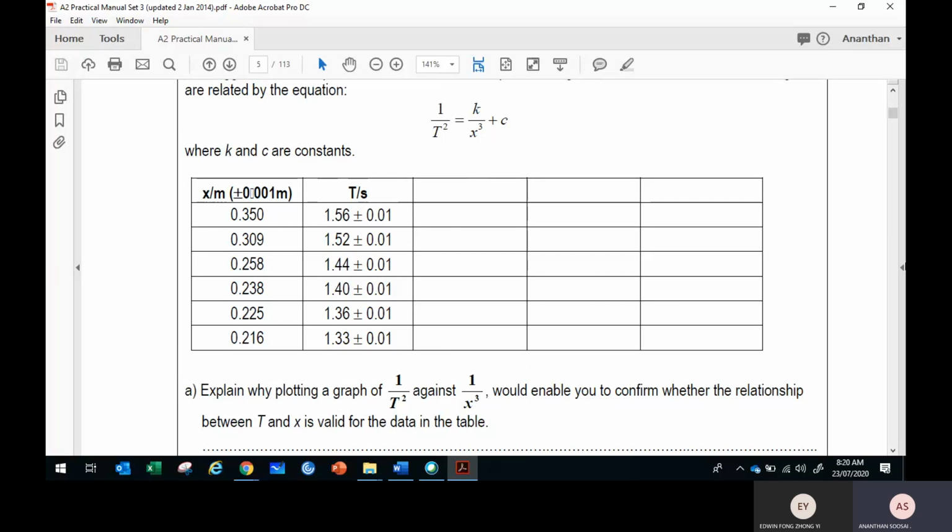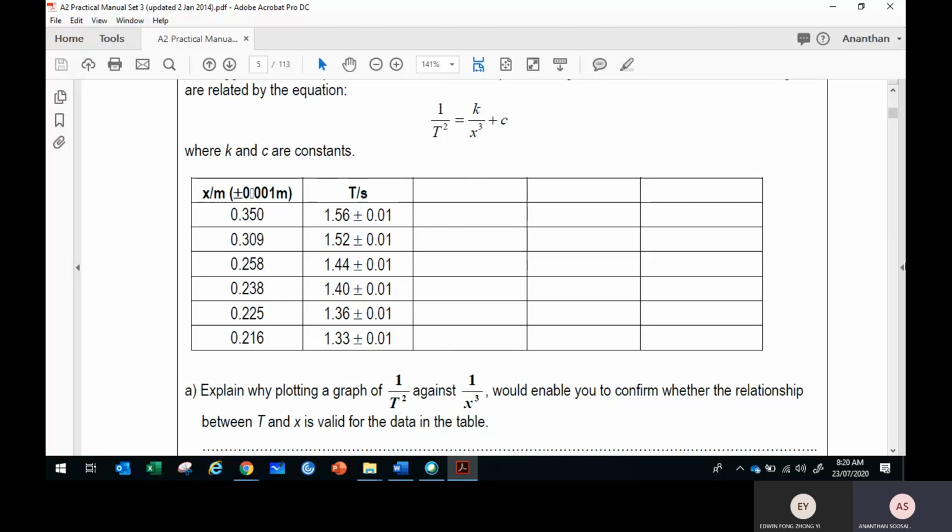So there are three points you need to reveal here: a straight line, what the gradient is, and what the intercept is. Then we are able to validate the relationship.